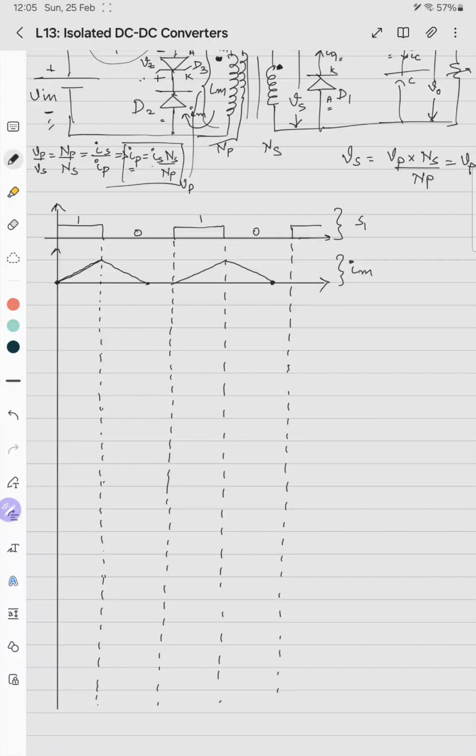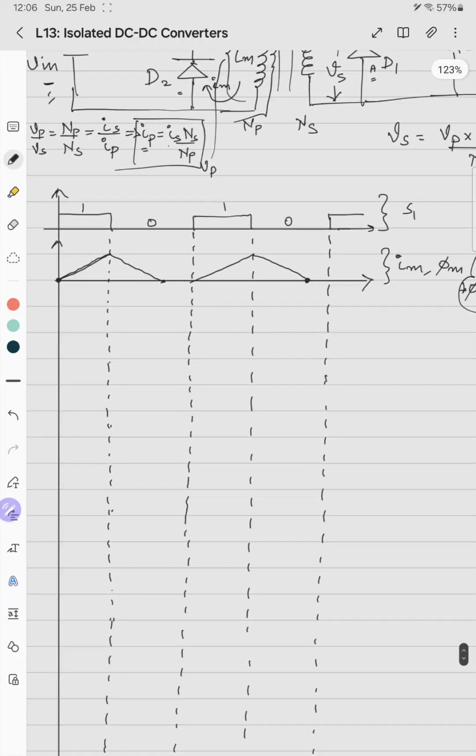This is the IM waveform. Similarly, we can plot the waveform for phi m, because Li is n phi, so there is a linear relation between I and phi that we can easily plot. So phi becomes L by n into I. Here phi is less and I is more. So this is IM and this is phi m.